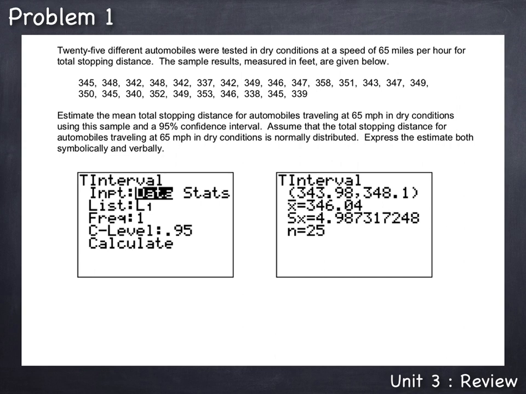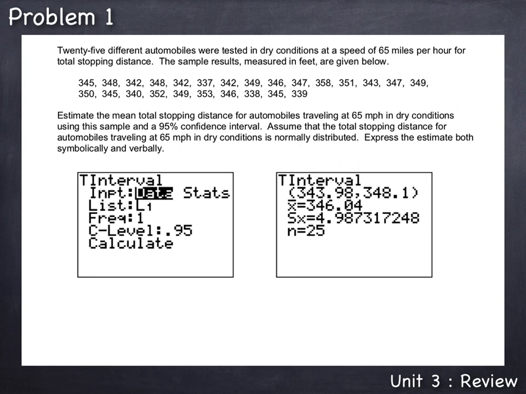We should take note that the sample size is 25. And 25 is not sufficiently large. In order for these confidence interval techniques to work, we need a sufficiently large sample. The rule of thumb in statistics is sample sizes over 30. But this sample was not over 30, it was 25.